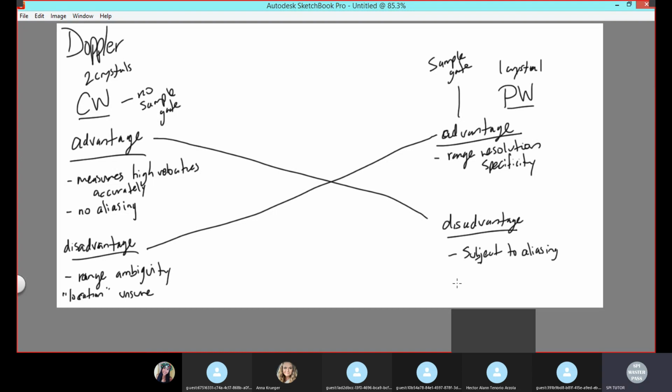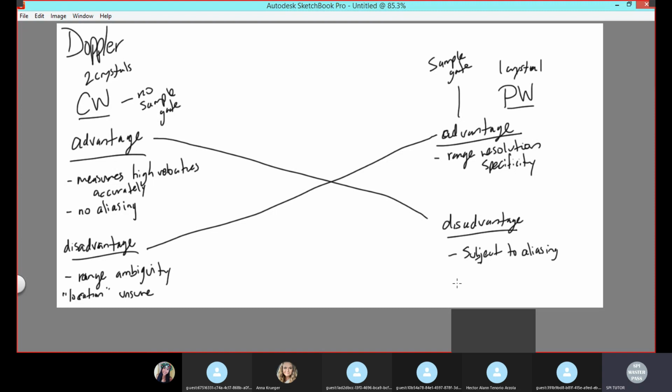Not that it always will, but it can happen if the circumstances are right. For a continuous wave, it does not matter. I don't care if the circumstances are right. It is not happening. Okay, so that's what continuous wave is promising you. I don't care how fast that blood is going. It's never going to be aliasing.